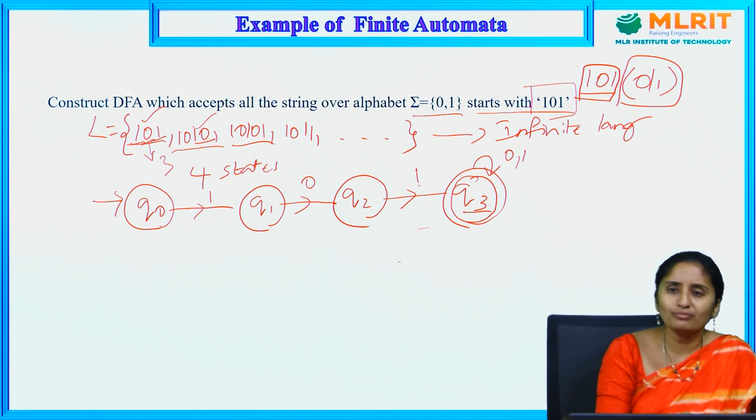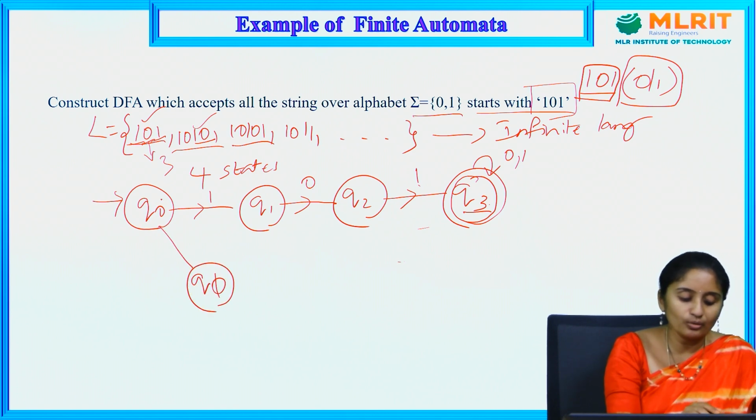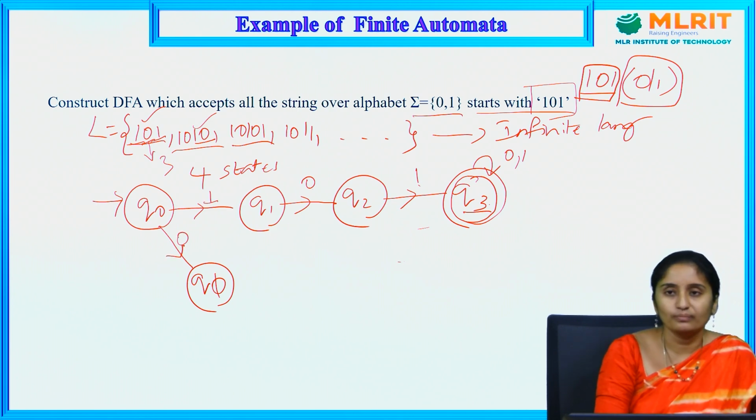To do that, we have created one dummy state. The dummy state Q pi I am taking. From Q0 to Q1, there is only one input symbol, 1, so I can keep 0 here.